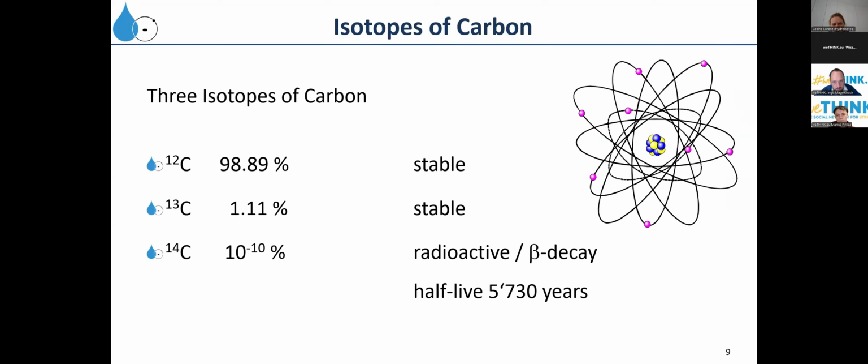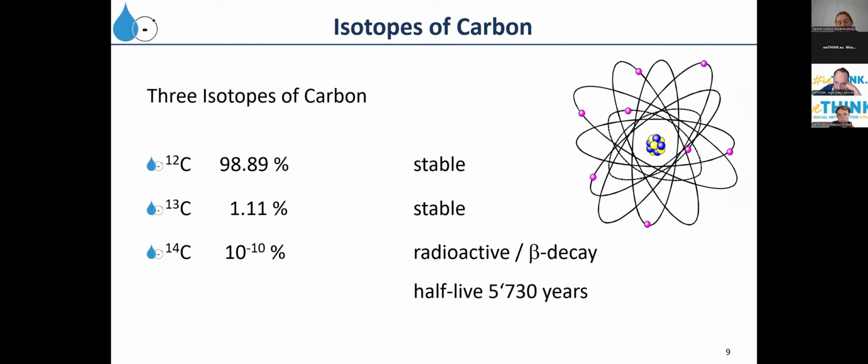What is the basis of the method? We have 3 different carbon isotopes, 2 stable ones. The main carbon is carbon-12 with 98.89%. Then less common, carbon-13, 1.11%.